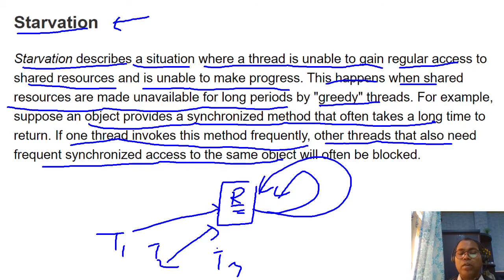Now other threads are waiting for a longer period of time. So this situation is called starvation. Thread 1 gets a chance and does not release the lock frequently so that another thread can get a chance to run, but the other threads are waiting until the particular lock is released by thread 1. So this kind of problem also happens.